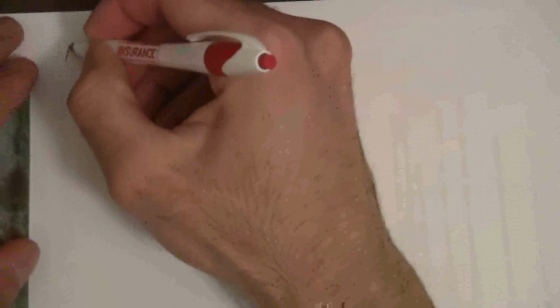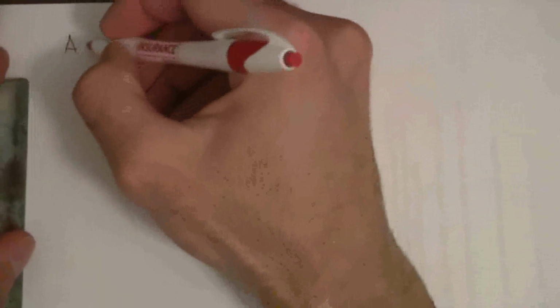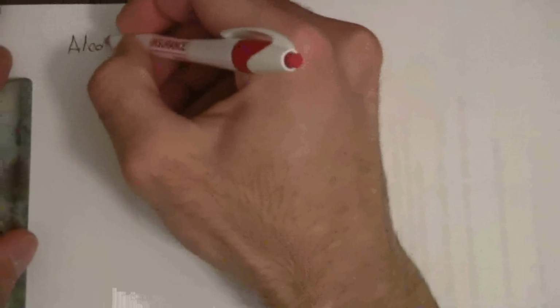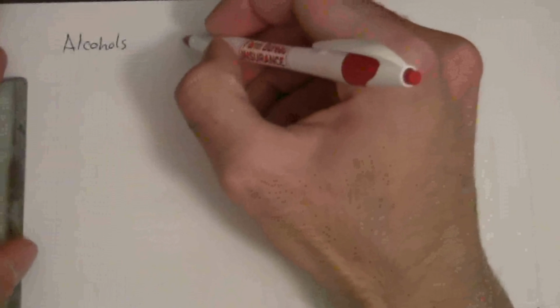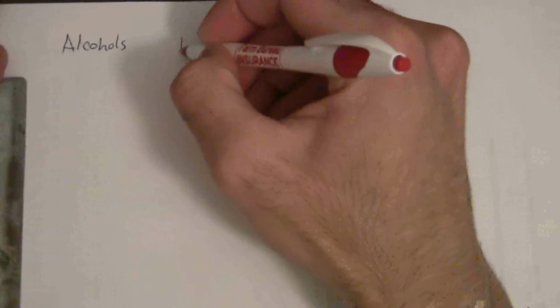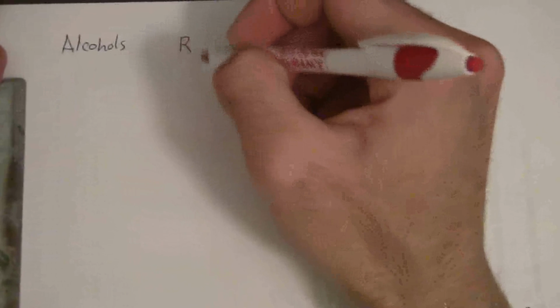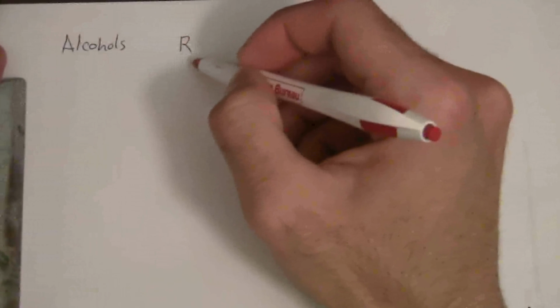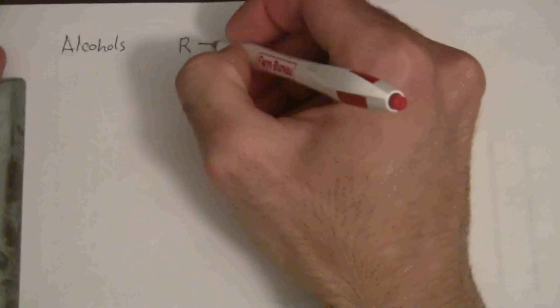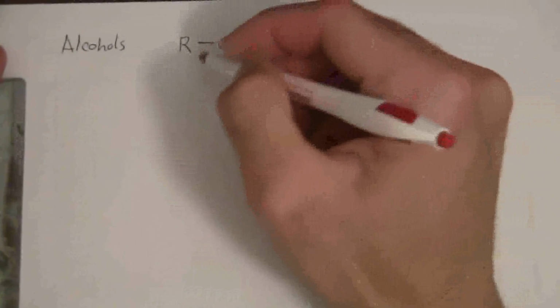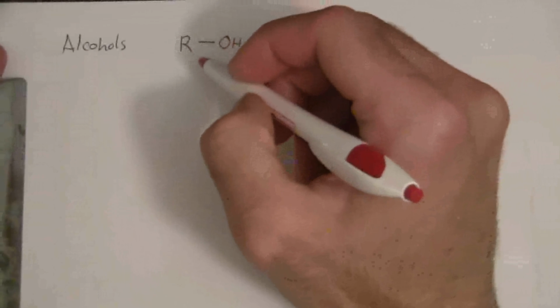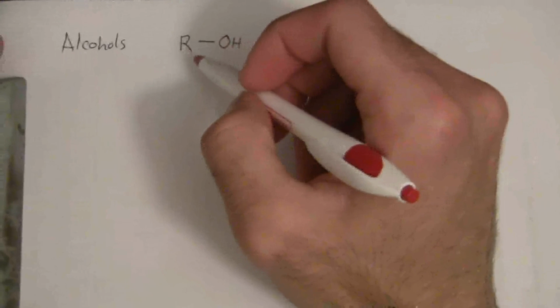Okay, some of the functional groups that we have looked at. We have alcohols. We often abbreviate a carbon chain with the letter R. So we can write a general formula for alcohols like this. R actually stands for the word radical.